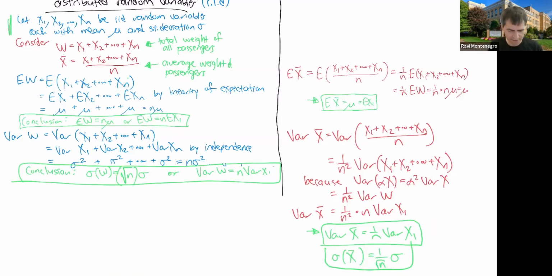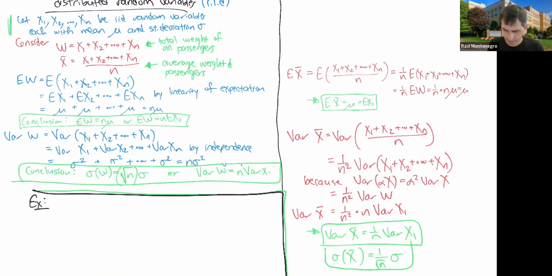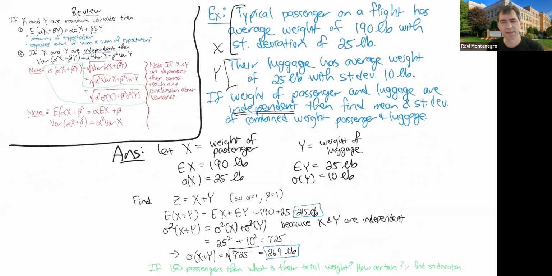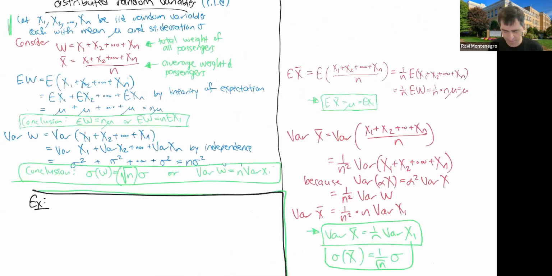So let's apply this to that airline problem. So we'll go back and think of our airplane. The airplane data, we found that if we look at a passenger and their luggage together, it averages 215 pounds.